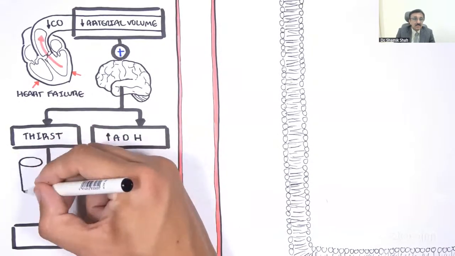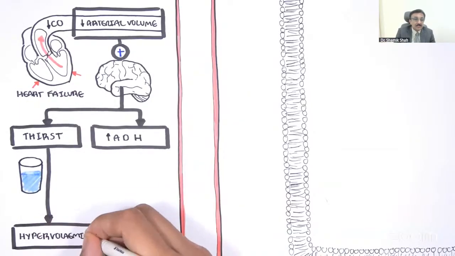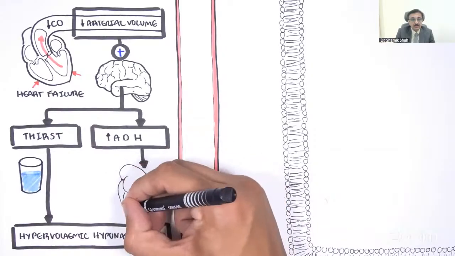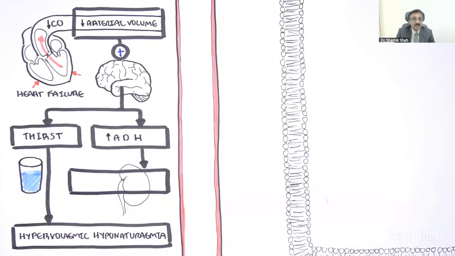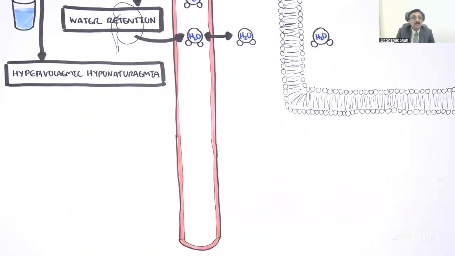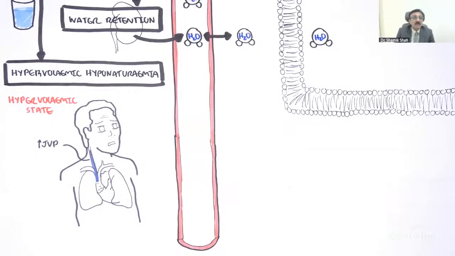So when there is increased thirst, of course, the patient will drink more water and this will cause hypervolemia. At the same time, there is a release of antidiuretic hormone, which acts on the kidneys. Right? We know that antidiuretic hormone causes water retention from the kidneys. So more water will be kept inside the body, and this will cause hypervolemic hyponatremia.